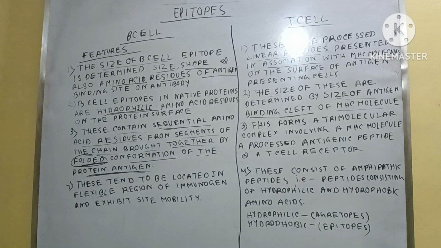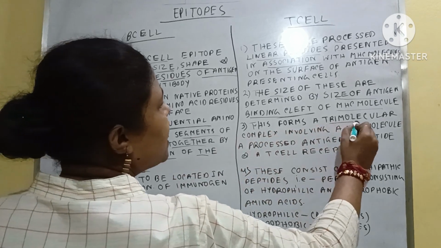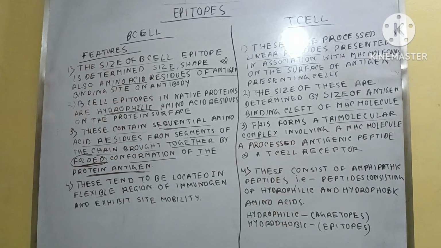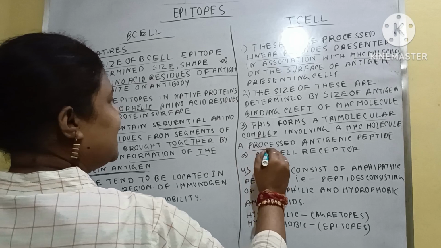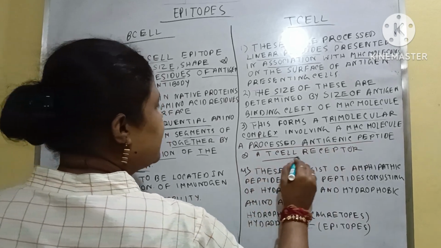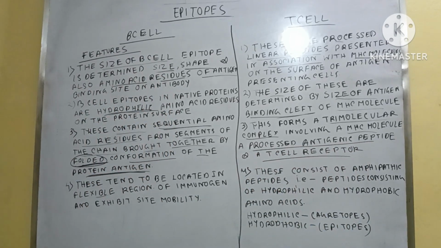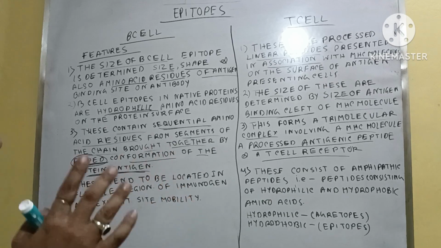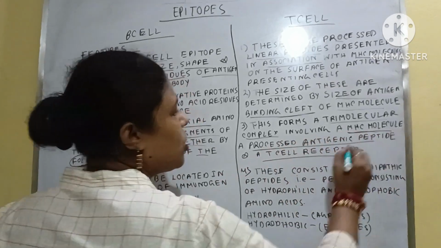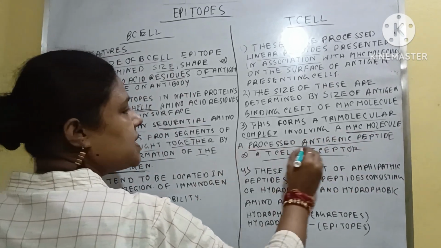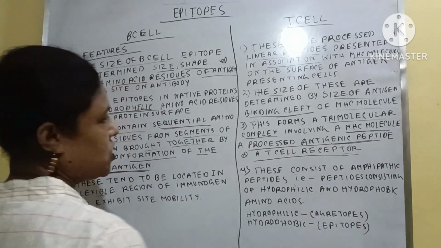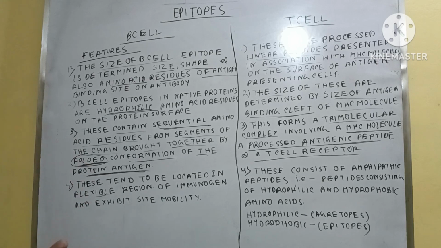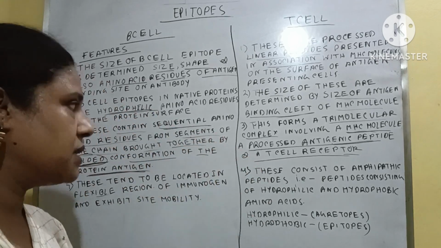Clear? Third, this forms a trimolecular complex involving an MHC molecule, a processed antigenic peptide and a T cell receptor. Trimeric means three molecules: one MHC molecule, second a processed antigenic peptide, and third a T cell receptor, combined together to form a complex.